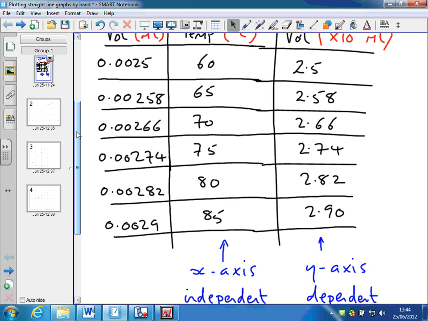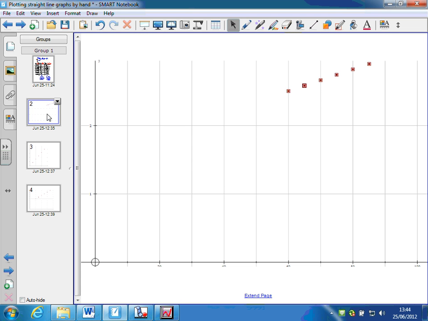If I set my scale so that, and I've put a few on here that I've taken off autograph, if I were to set my scale at 0 for the temperature scale, going up to 100 degrees in lumps of 20, so that's 80, and so on, and I set my volume scale going up to 2.9 or up to about 3, so that's 0, 1, 2, 3.